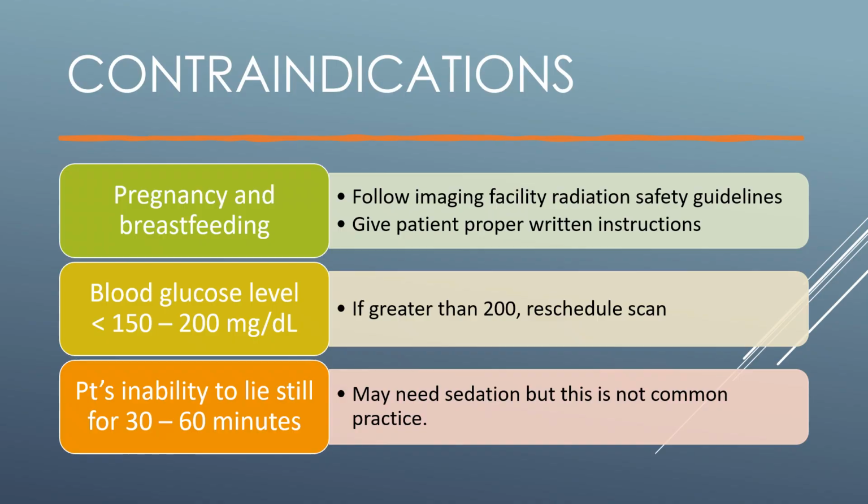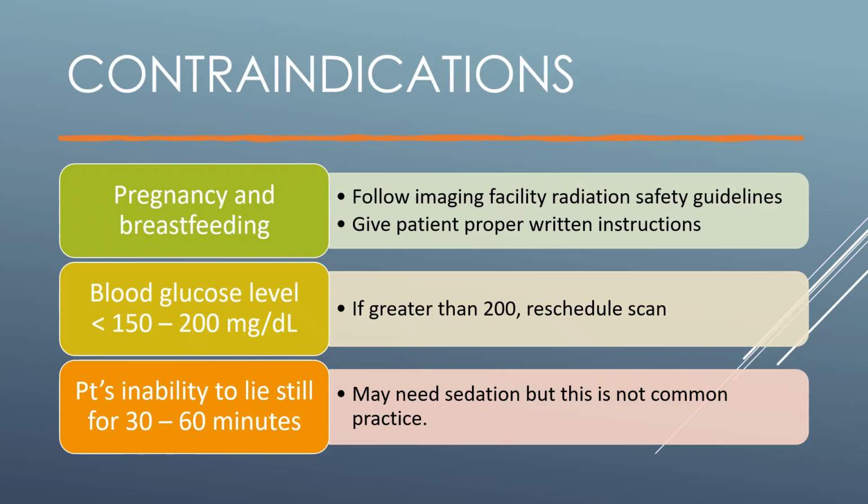There are a couple of contraindications for doing FDG brain scans. Of course, pregnancy and breastfeeding are not absolute contraindications, they are relative ones. And so that means they can still be done on someone who is pregnant or breastfeeding if there is a medical necessity and if the benefits outweigh the risk.